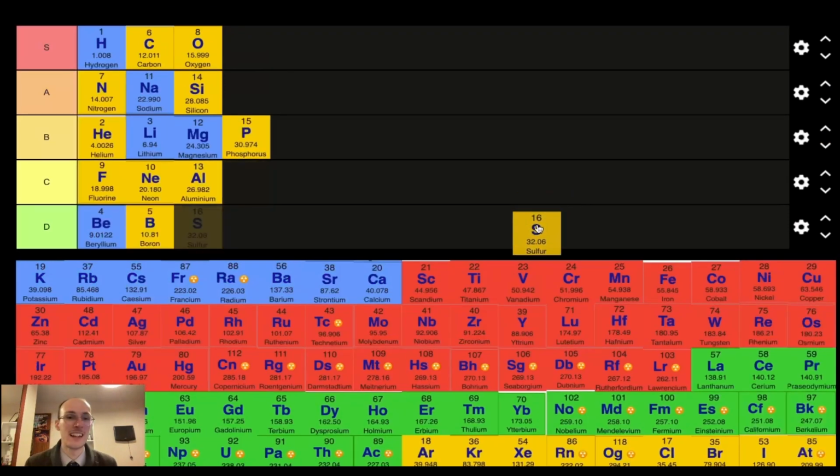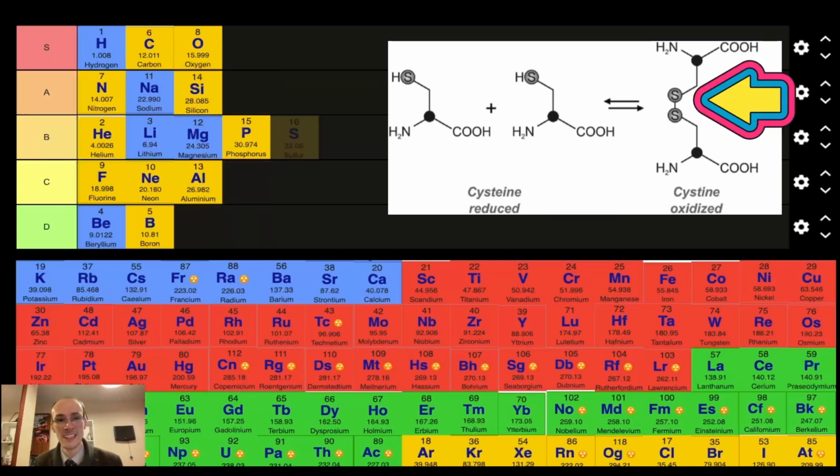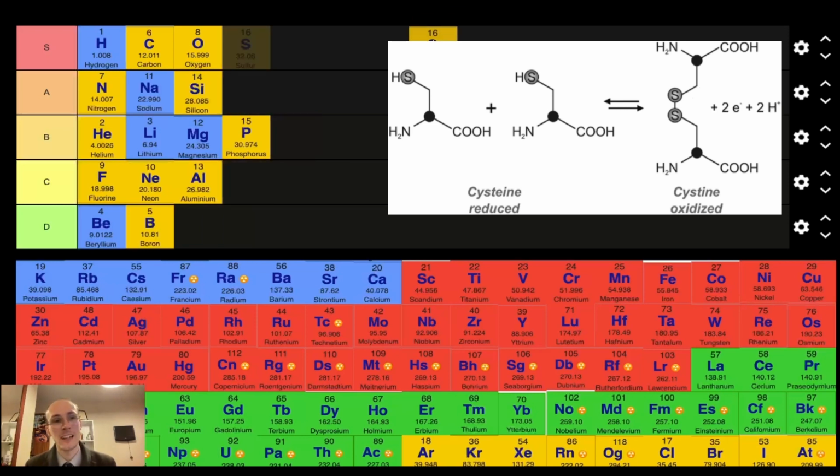Sulphur is one of my favourite elements due to the nature of a chemical bond it can make. The disulfide bridge, it's two sulphurs bound together with a double bond. It's what makes cysteine my favourite amino acid. It's got this sulphur-sulphur disulfide bridge double bond in it. But I'm not going to put it in the S section.